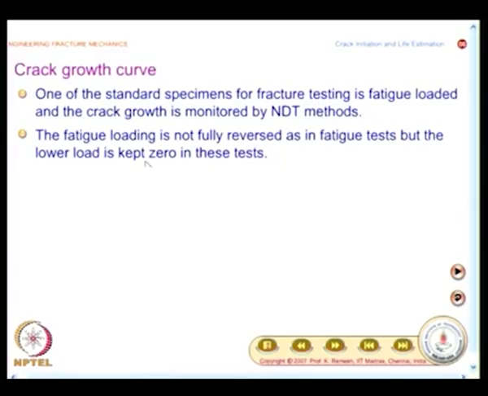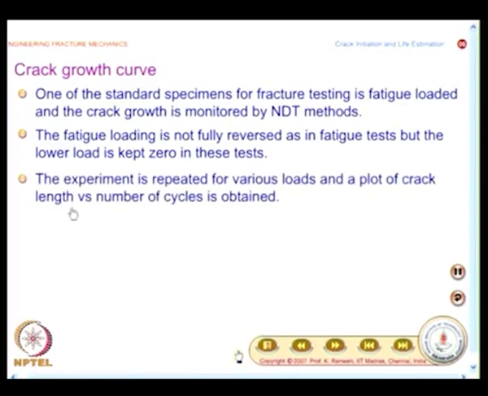And how is the fatigue loading done? The fatigue loading is not fully reversed as in fatigue tests, but the lower load is kept 0 in these tests. That also you have to keep in mind. And the experiment is repeated for various loads and a plot of crack length versus number of cycles is obtained.